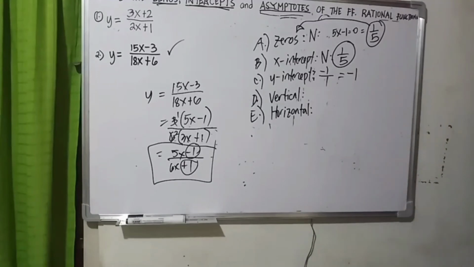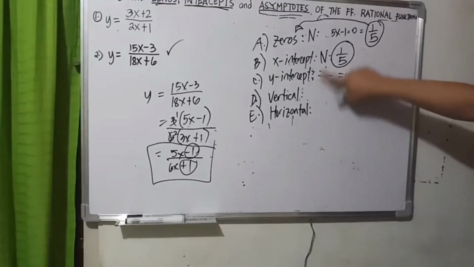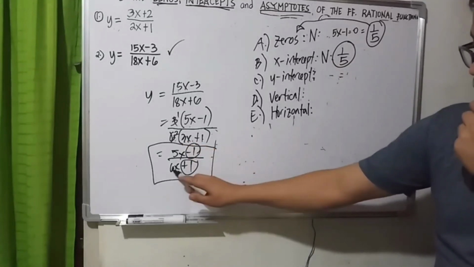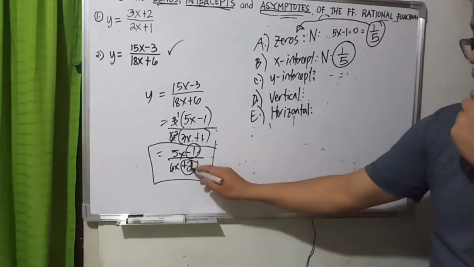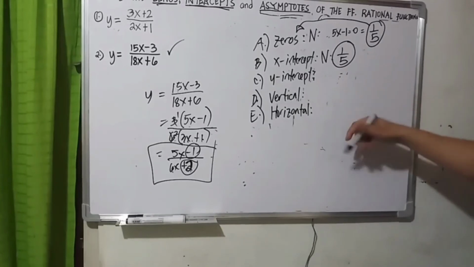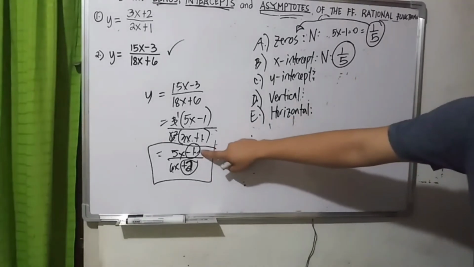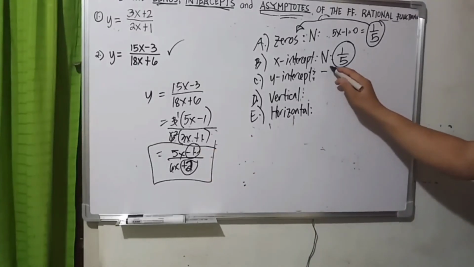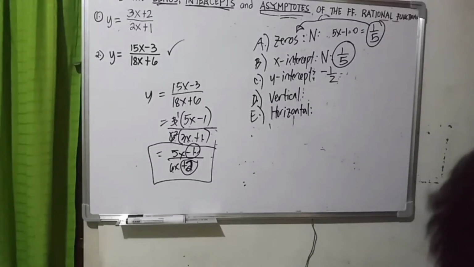Simplify mo na ito, 2 times 3x is 6x. Then 2 times positive 1 is 2. So, yung y-intercept natin is the value of the whole number of the numerator and denominator. That is negative 1 over 2, negative 1 half.